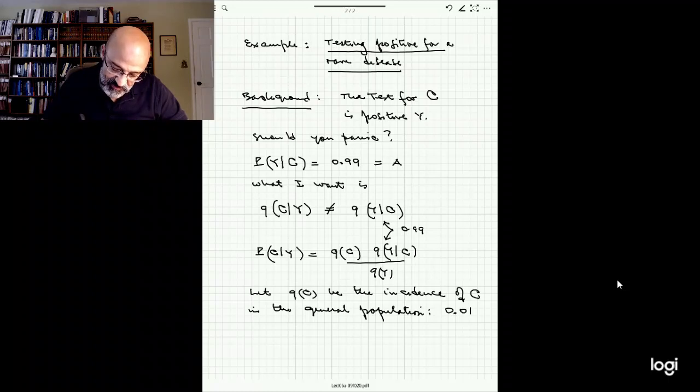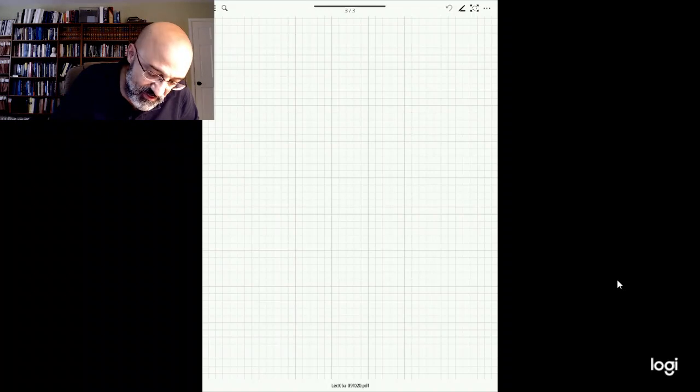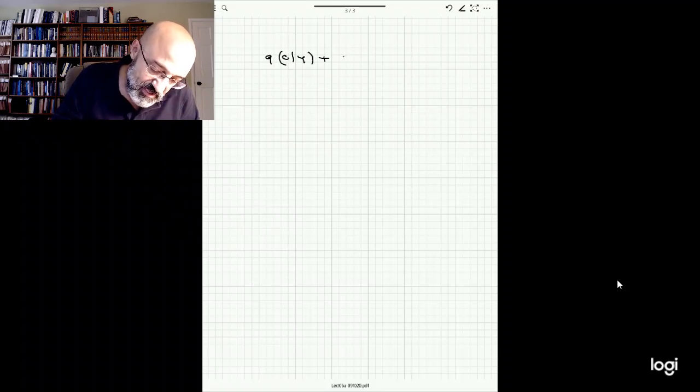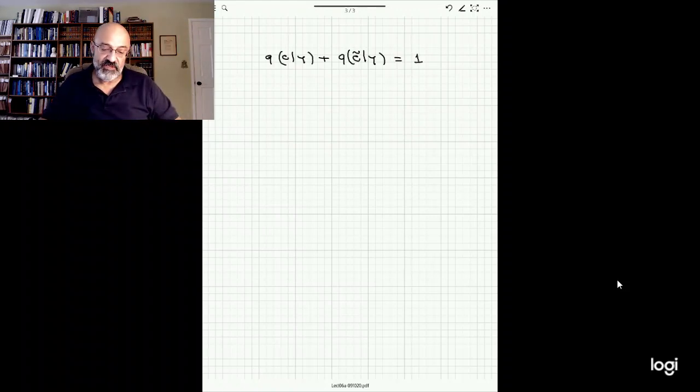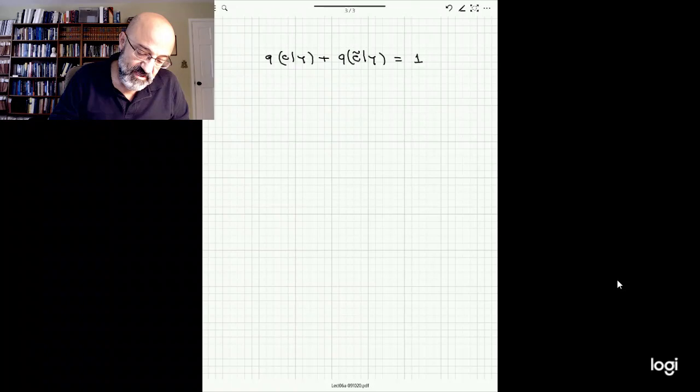So what I'm going to do is I'm going to use the fact that Q of C given Y plus Q of not cancer given Y has to be equal to 1. Q of C given Y is given by Bayes' theorem.